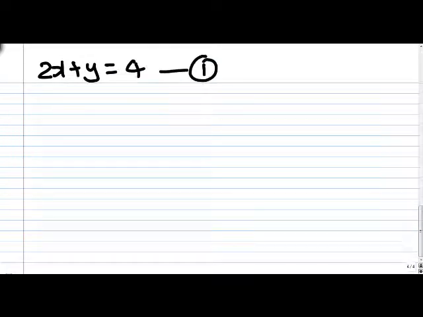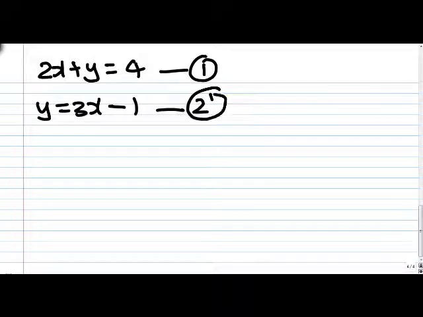So 2x plus y equals 4, that's equation 1. And the second equation is y minus 3x equals minus 1. If you remember, I manipulated it and got y equals 3x minus 1. This is 2 prime. Let's substitute 2 prime into equation 1.